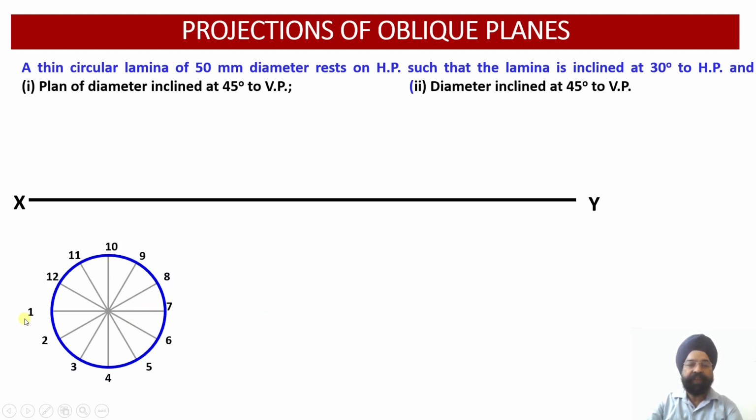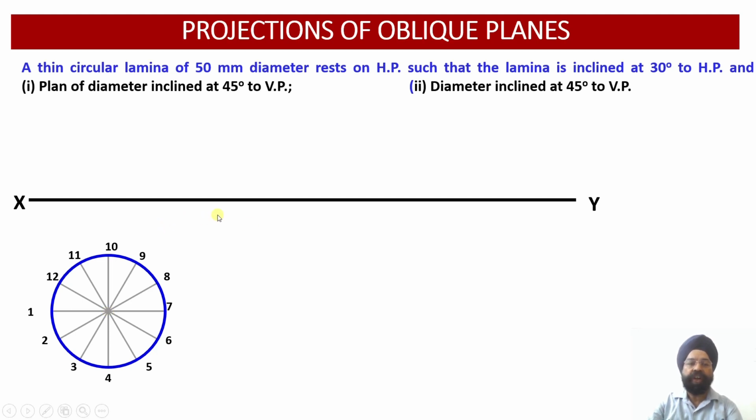Just see, we have divided this circle into 12 equal parts, and all these subsections will be equal because each sector has an included angle of 30 degree. So once we have drawn the circular lamina onto the horizontal plane in the top view, we have obtained the true shape of this circular lamina.